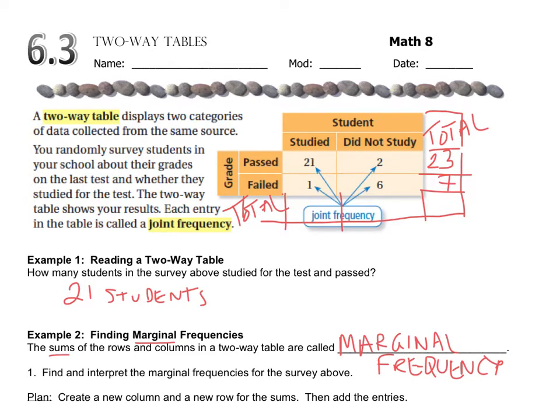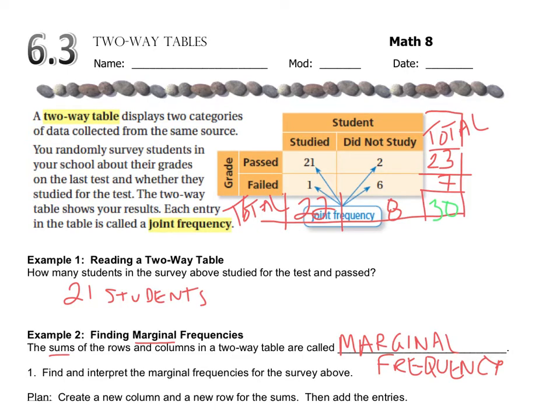Adding my columns down would give me a 22 and an 8. Now I want you to notice this box in the lower right-hand corner. This is an important box because when I add my marginals down and I add my marginals across the bottom, they should be giving me the same answer. 23 and 7 is 30, 22 and 8 is also 30.